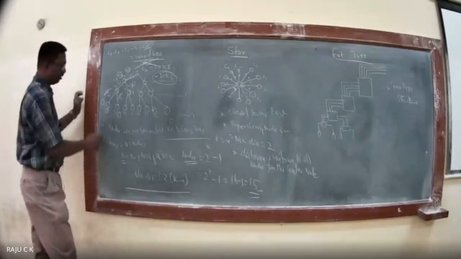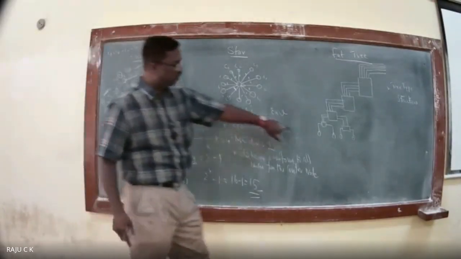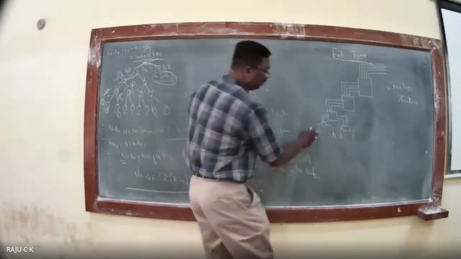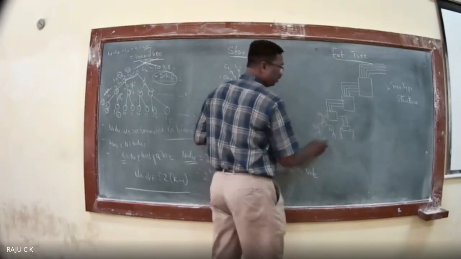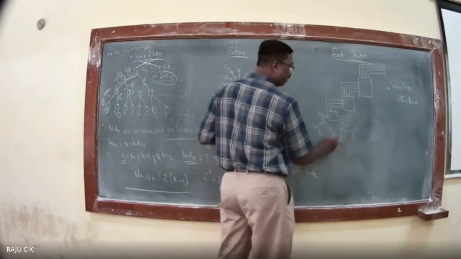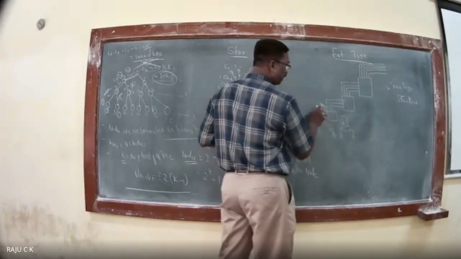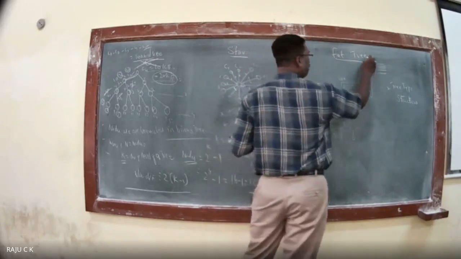Here also you can see 2 nodes and 1 there. Here you can say 10 kbps, here you can say 20, here also 20, plus, and I will make that 50, I will make it 100, I will make it 500.